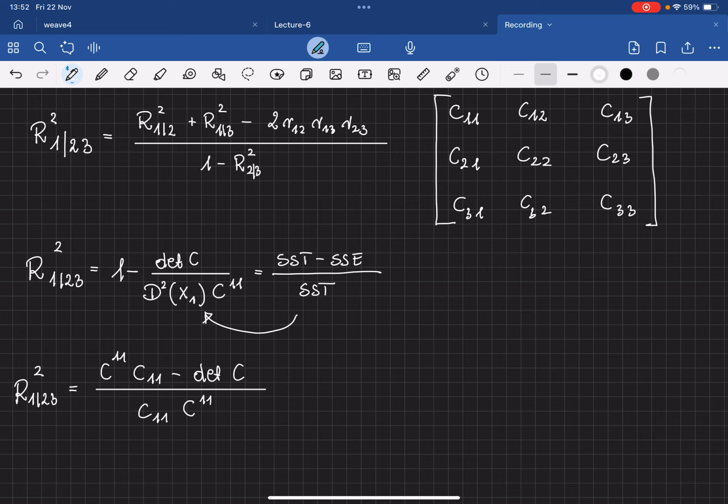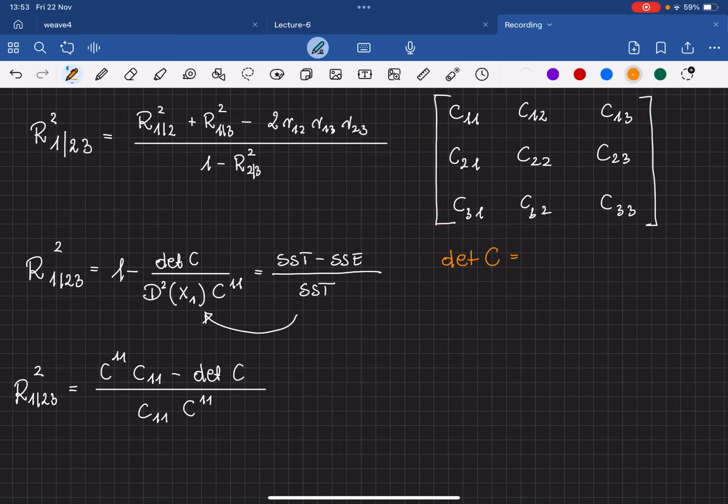What do we do then? We remind ourselves that if we want to calculate, say in orange, the determinant of C, we can use the Laplace formula, which is the following. We multiply this element by its linear complement, so the determinant of this matrix, then this element with the determinant of this matrix, and then this element by the determinant of this matrix.